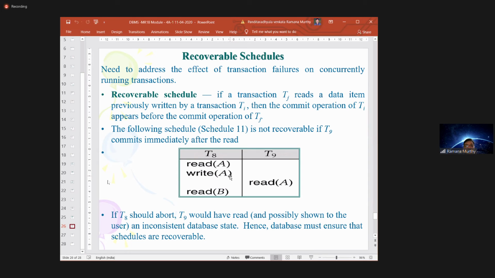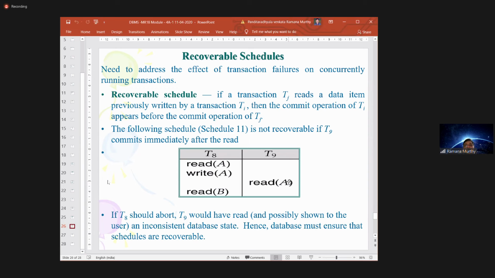If the modification to 200 by T8 is successful, no problem. If it is aborted, we need to cancel the previous updates and go back to the previous value. What is the previous value? 100. But T9 has already taken it as 200, when it is supposed to be 100. So what do we need to do?